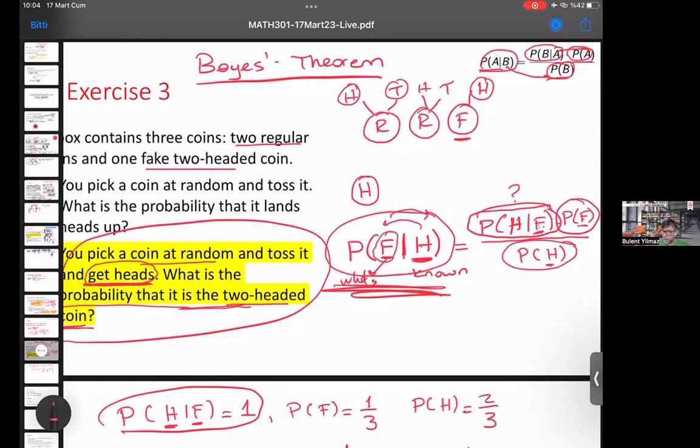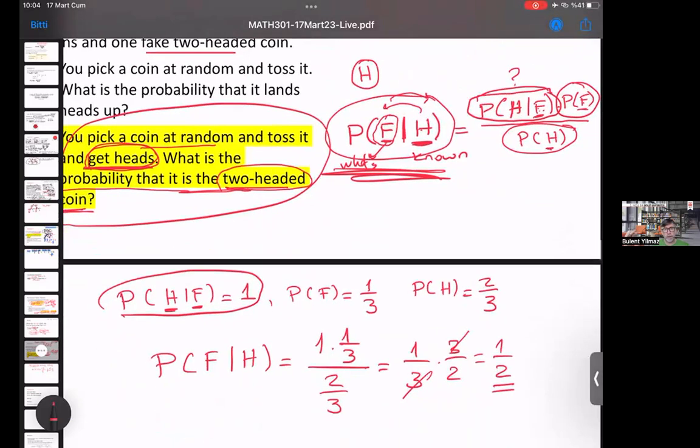Because I know heads has come, and I want to know the probability of obtaining that heads from a fake coin.